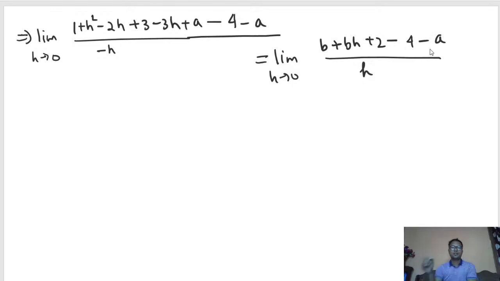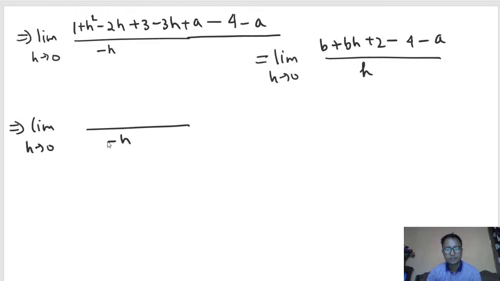Now the limit as h tends to 0 of the left side: 1 plus 3, that is 4, and the minus 4 cancels.